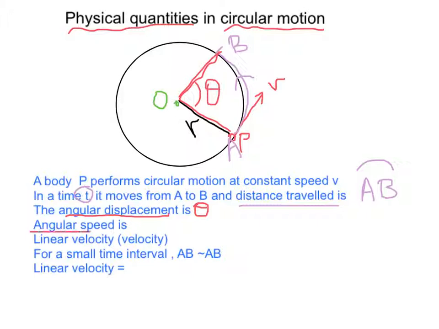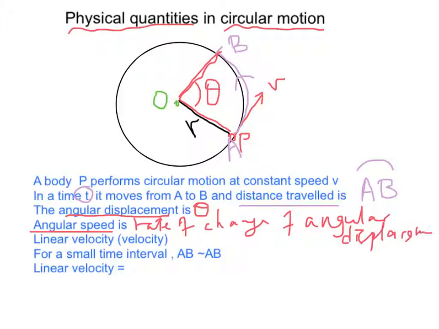The angular speed 角速度 is defined as the rate of change of angular displacement, which is equal to theta over t. The symbol for angular speed is omega. Therefore, we have omega equal to theta over t.